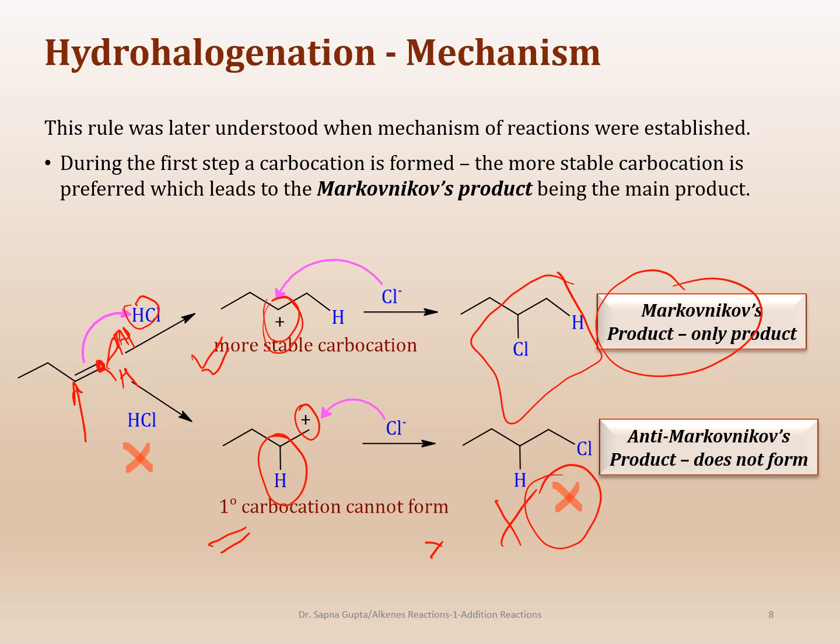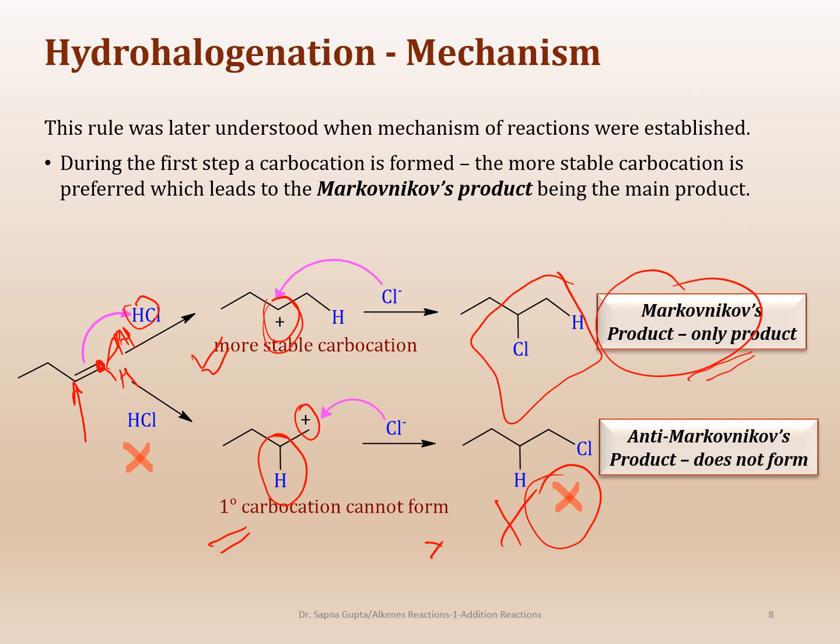So this kind of product where hydrogen goes to carbon with more hydrogen, these are called Markovnikov's reactions. So Markovnikov is when you're adding some kind of a hydrogen, whether it's with water or with HCl, the hydrogen goes to the carbon with more hydrogen. And now we know the reason for that is the formation of the carbocation.